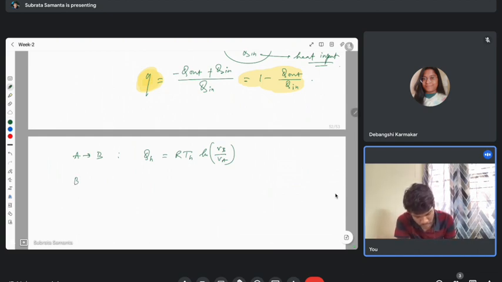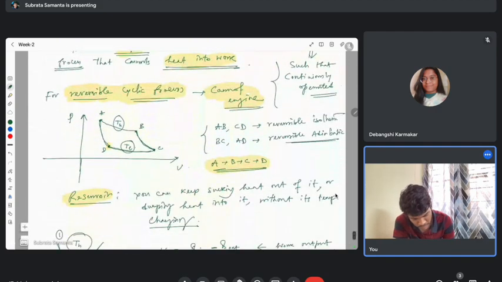Similarly for B to C, which is an adiabatic process. For an adiabatic process, T V to the power gamma minus 1 equals a constant. So TH by TL equals VC by VB, the whole to the power gamma minus 1, because this point has temperature TH and that point has temperature TL.